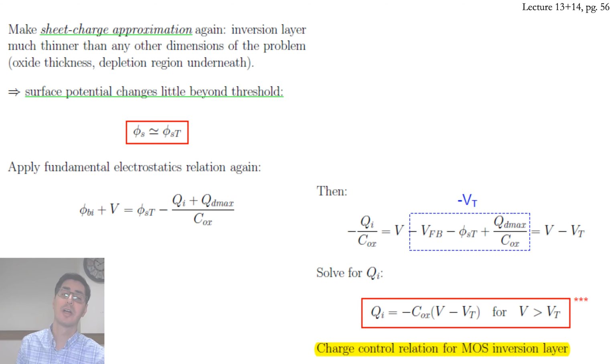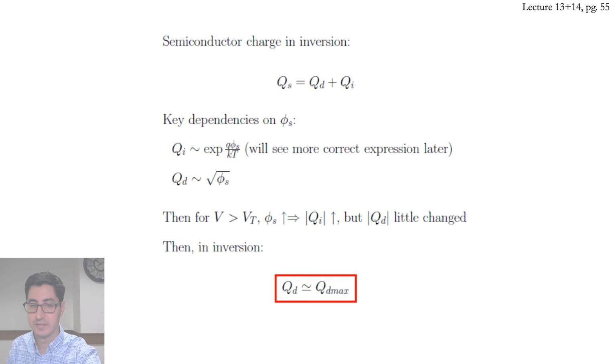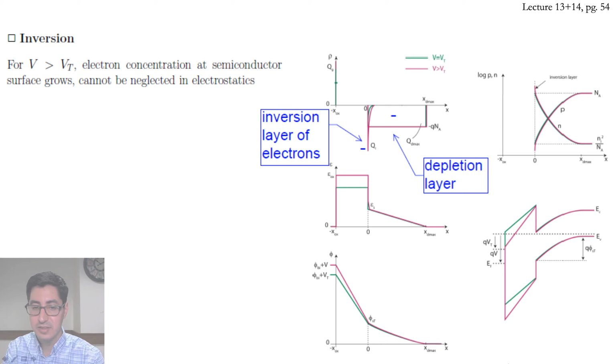But the approximation we're making is that the surface potential changes very, very little compared to how much the potential drop across the oxide changes. Basically, look at this picture here. In inversion, almost all of the additional potential that I apply drops across the oxide and not across the semiconductor. So that's the approximation we're making.